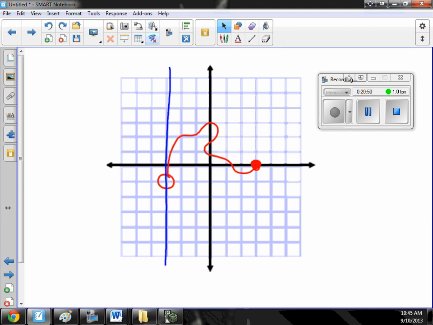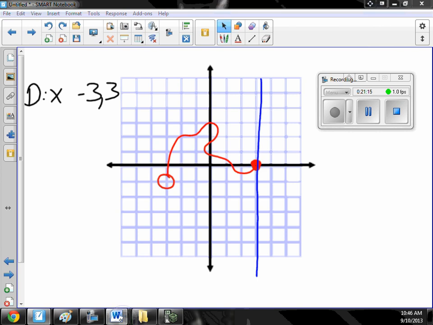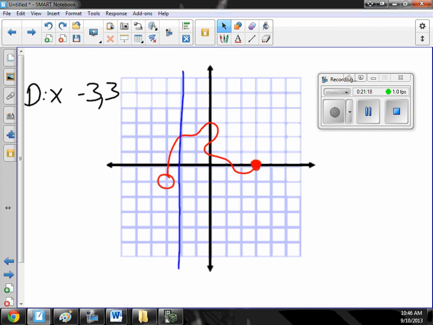So my domain, x is, the smallest one is -3. What's the biggest one? Right there, a 3. So -3, comma 3. Now, does -3 count? Is -3 part of the answer? If I move my line over here to -3, does that hit? No, it misses because there's a hole, an open circle.